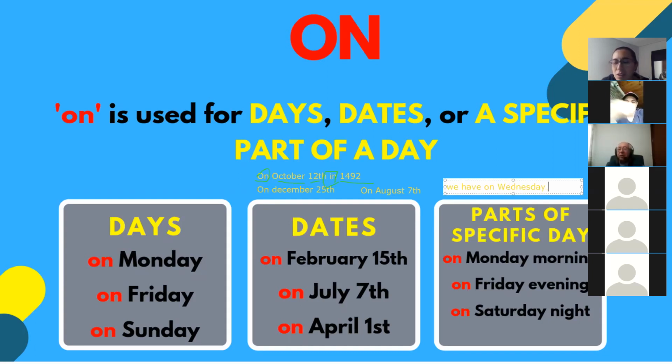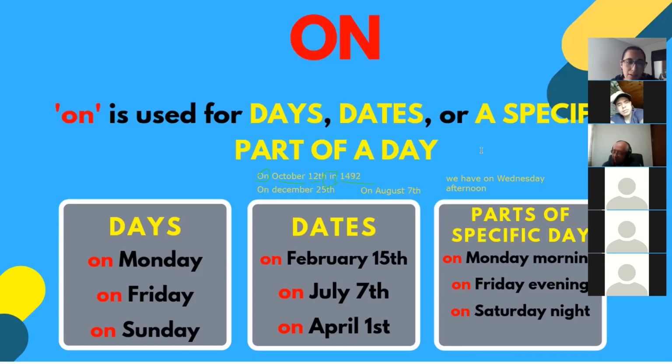Earlier. Afternoon. On Wednesday afternoon. Exactly. So we have class on Wednesday afternoon. You said, okay, it's a specific moment of the day, using the day and the time expression. Right.